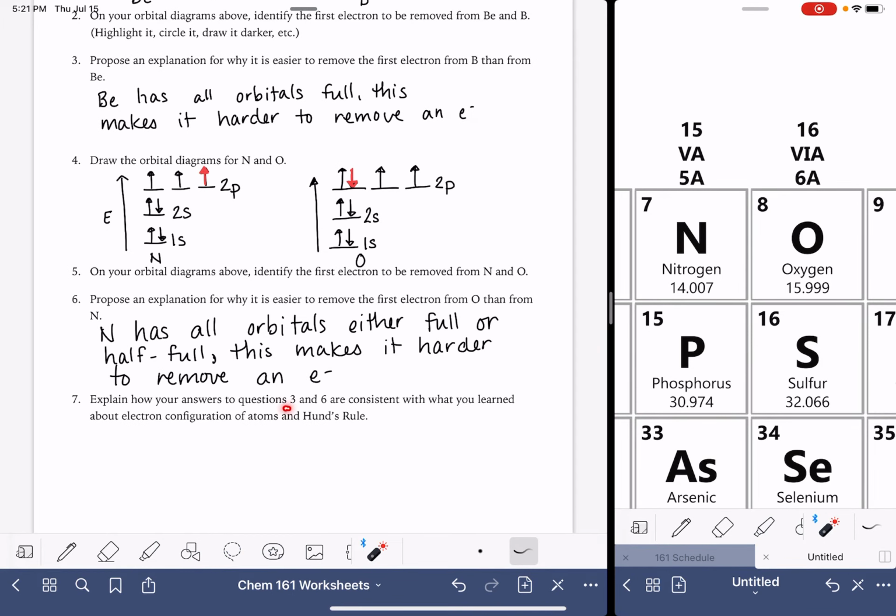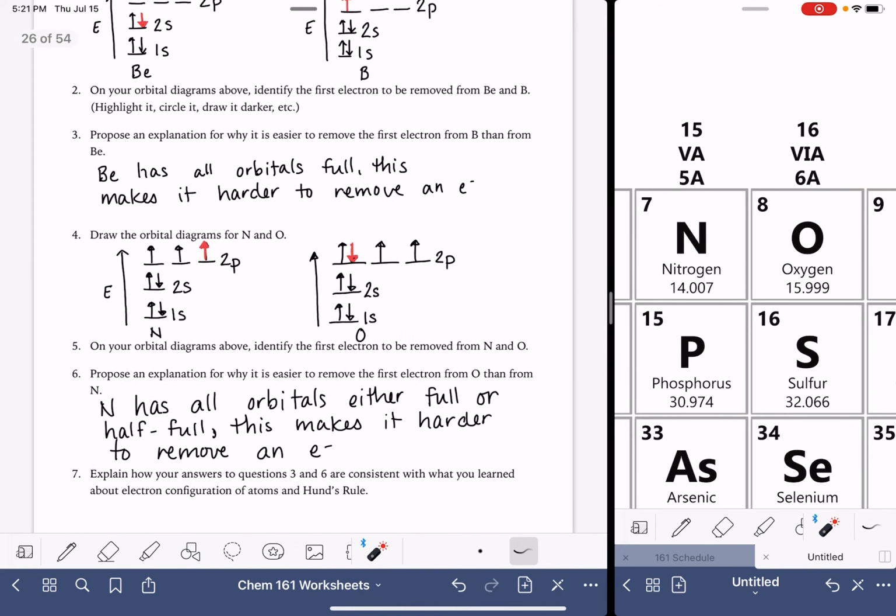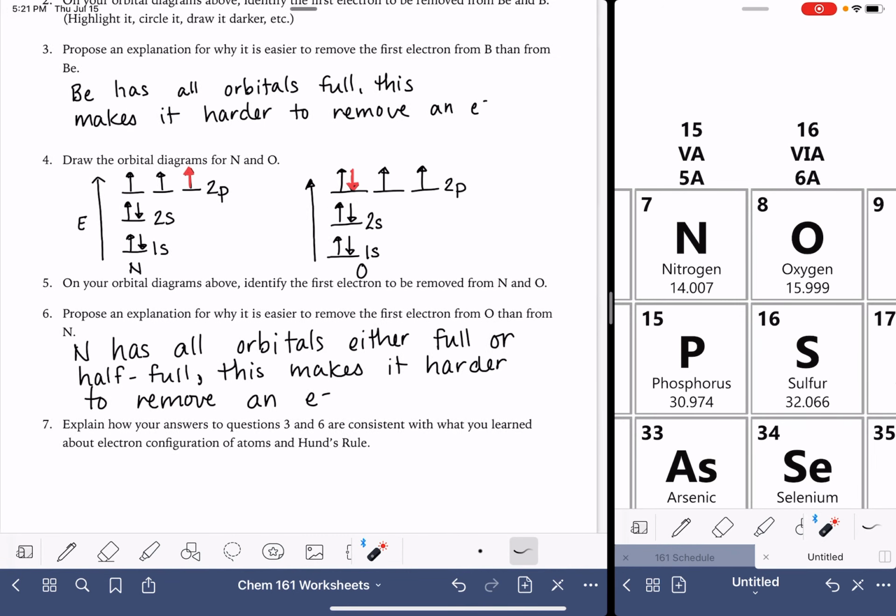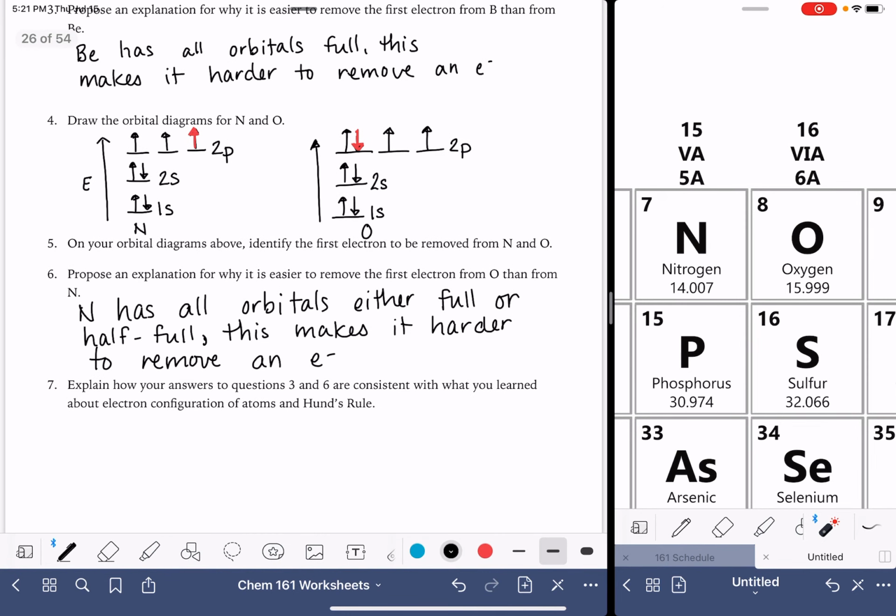Now explain how these answers are consistent with what we've learned about the electron configuration and Hund's rule, saying that, again, we like to completely fill all the orbitals before we move on to a higher energy level, because that is a great stable configuration for our atoms.